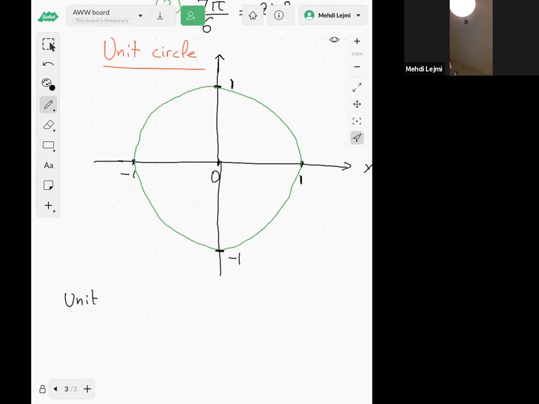So unit circle means a circle of radius 1. The radius is the distance from the points of the circle to the center of the circle. Here, the center of the circle would be the origin.